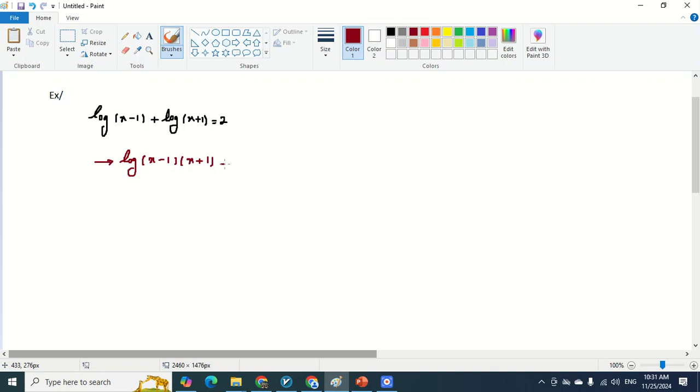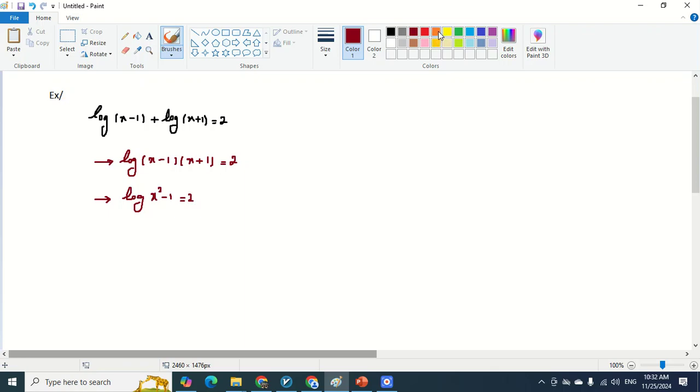Over here we use the conjugate state, and the conjugate state says that x minus 1 times x plus 1 is equal to x squared minus 1 squared, so the result is as follows. So we have log base 10 of x squared minus 1 is equal to 2, and right now we use the definition of logarithm to calculate this expression.